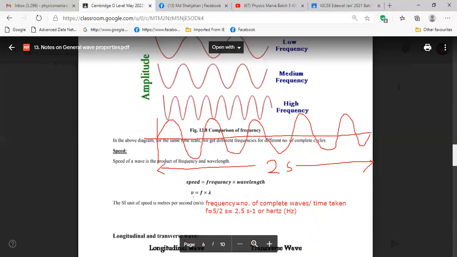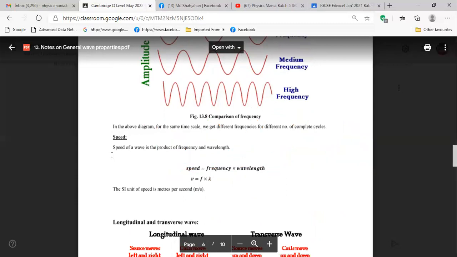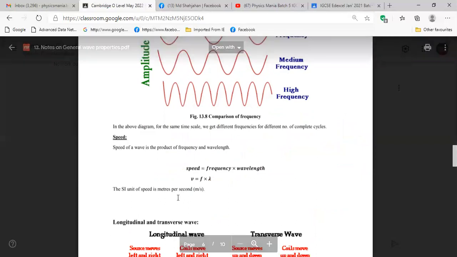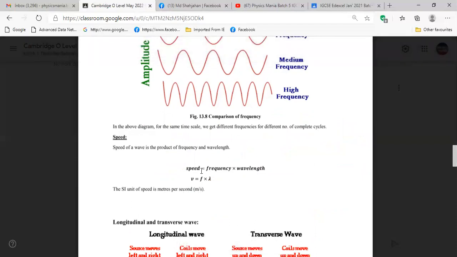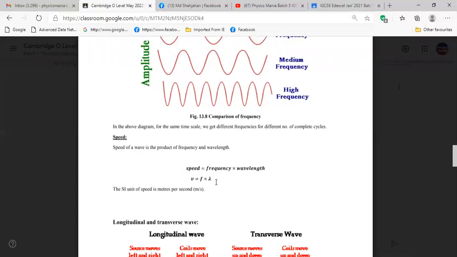Here you go. You write speed. Speed completely you write. Here we have very small things, so you write everything from here. Speed of a wave is the product of frequency and wavelength. So we can write the formula: speed equals frequency multiplied by wavelength, v equals f lambda.